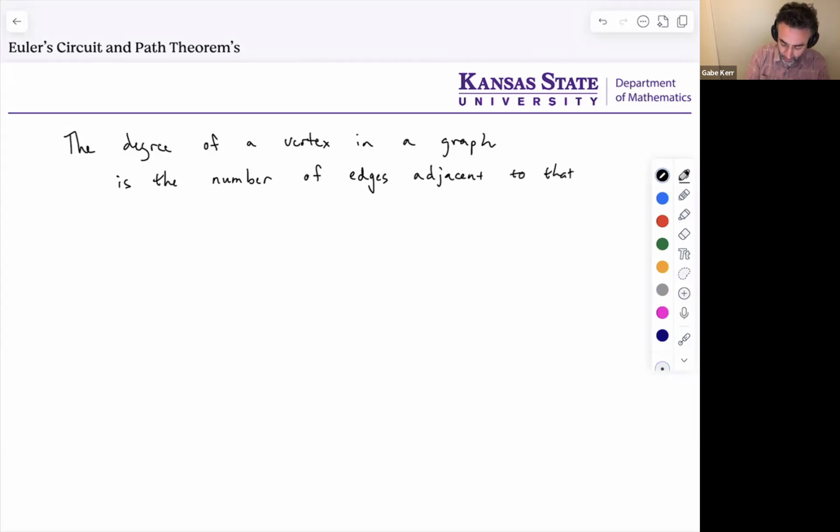Now, if the degree of a vertex is odd, we just say that the vertex is odd. And similarly, if it's even.